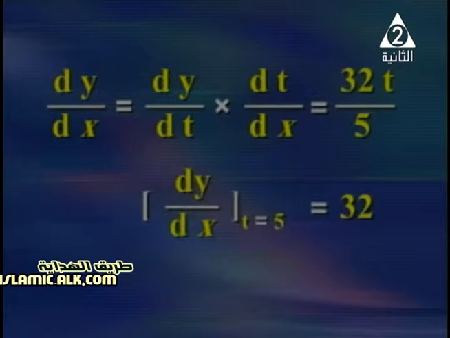Remember, dear student, when we find dy over dx, first we find dy over dt, after that we find dt over dx, after that we multiply dy over dt by dt over dx. What is the answer of dy over dt? 32t. What is the answer of dx over dt? Equals 5. Then by substitution at t equals 5, the answer equals 32.